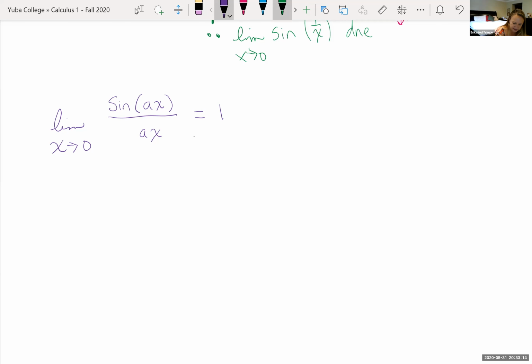And this comes from the theorem. This theorem says the limit as theta approaches 0 of sine of theta all over theta is equal to 1.